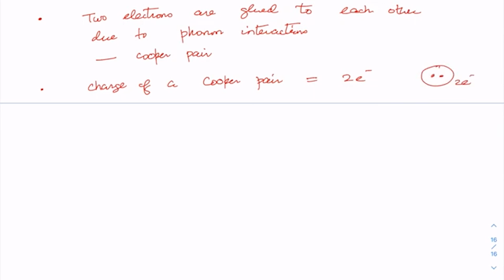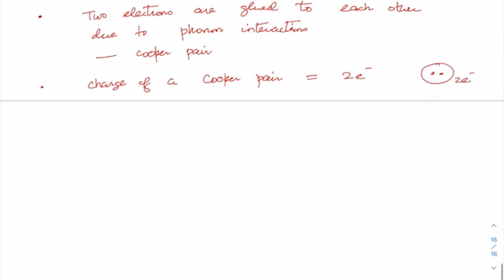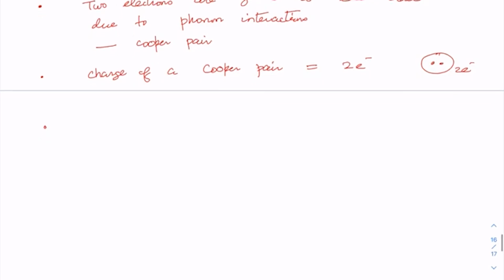Its charge is 2e, and when charge is transmitted from one superconductor to another superconductor, it gets transmitted in the form of a Cooper pair. Obviously some energy is required to break up these Cooper pairs, and this is going to result in the energy gap in a superconductor.